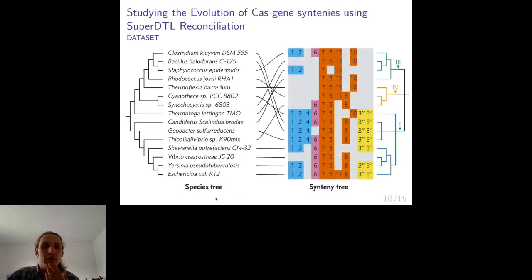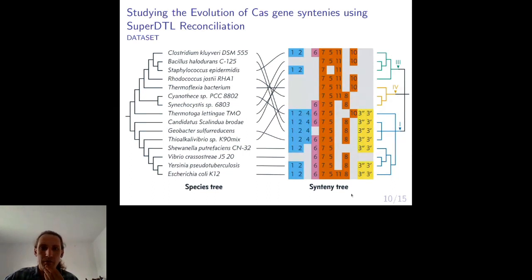So here is the dataset. On the left, you can see the species tree. On the right, the synteny tree, where we have the representation for each synteny of which Cas genes are present, and the topology of the synteny tree with, in color, the different types.